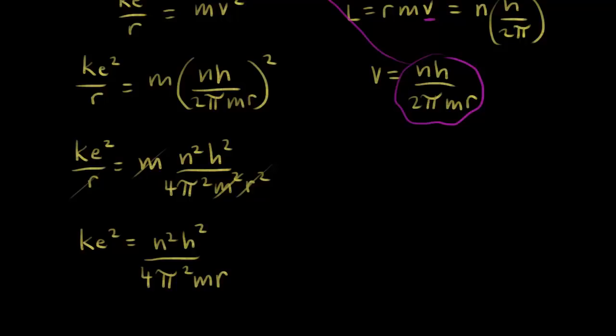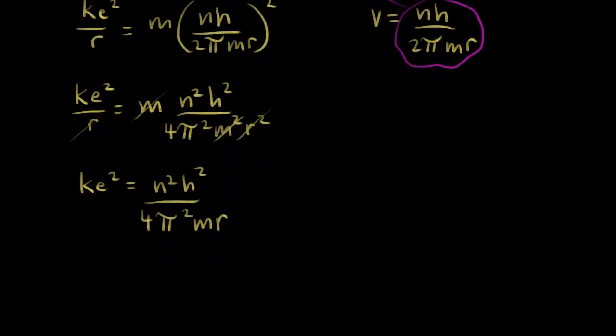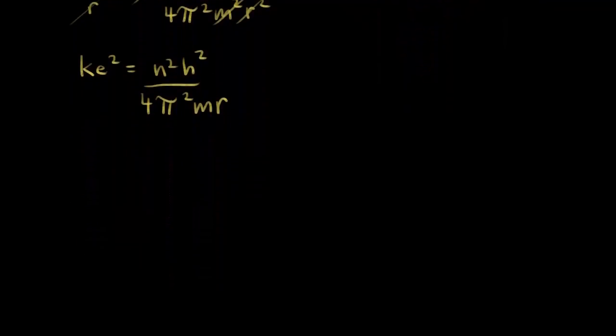The goal of all this is to solve for the radius of that circle. To solve for r, we could start by multiplying both sides by 4 pi squared m r. So we would get k e squared 4 pi squared m r on the left side, and on the right side, n squared h squared.